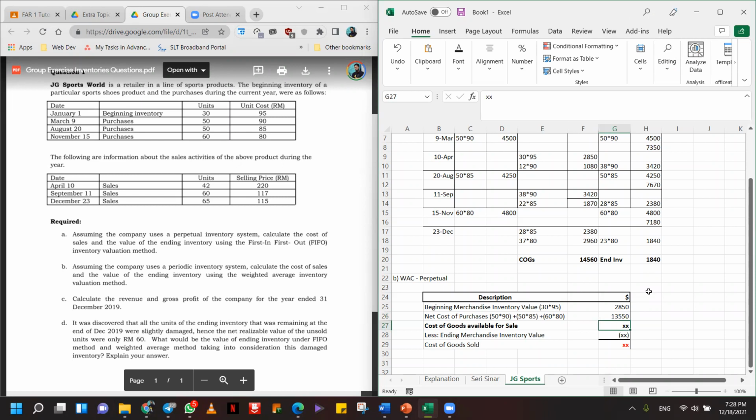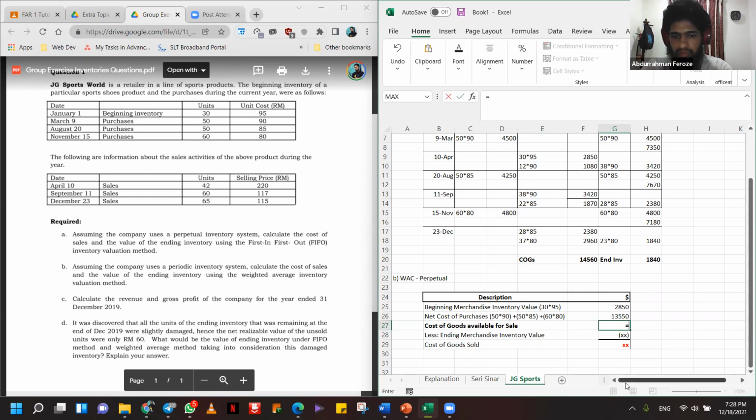And then now the cost of goods available for sale. The cost of goods available for sale is the sum of the above two. These are the goods that are available for sale during the year, right? And now this is where it will change, whether we are doing FIFO, LIFO, or WAC.